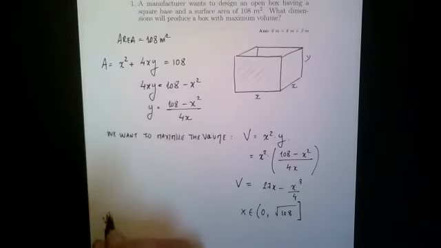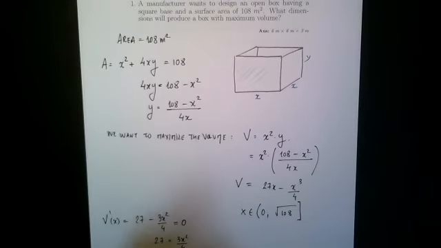So let's go. V prime of x is the derivative of this: 27 minus 3x² over 4 has to be equal to 0. And so if you solve this, you get 27 equals 3x² over 4.